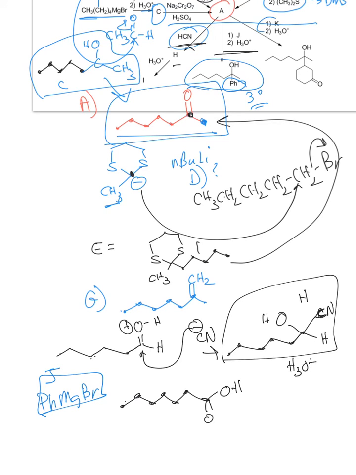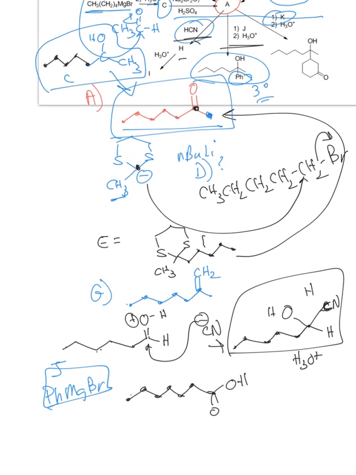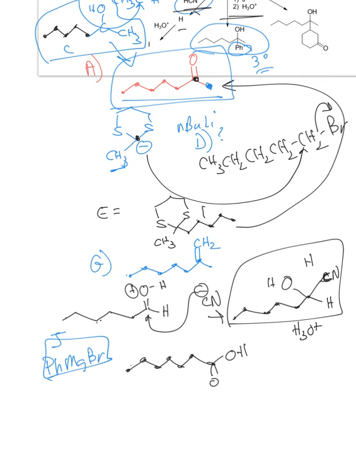And then K, you are adding another Grignard. So let's draw A. That's what you're reacting it with. And you're going to react this with this Grignard here.